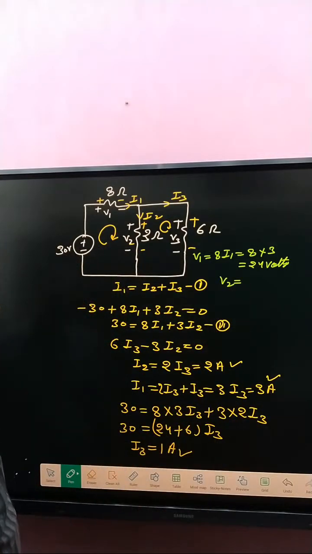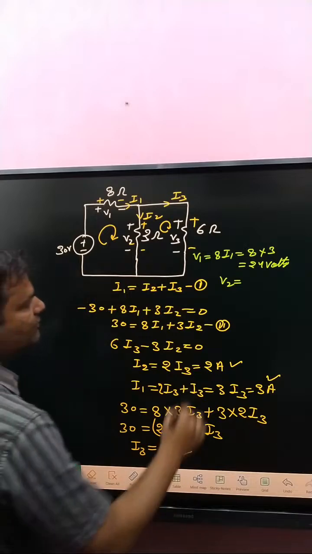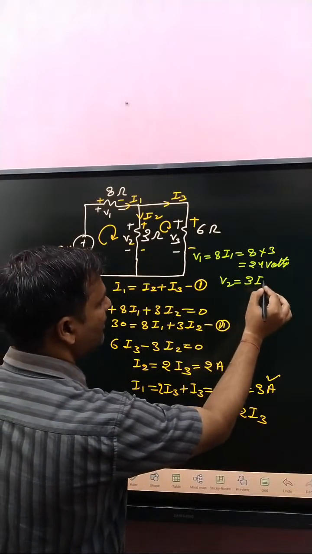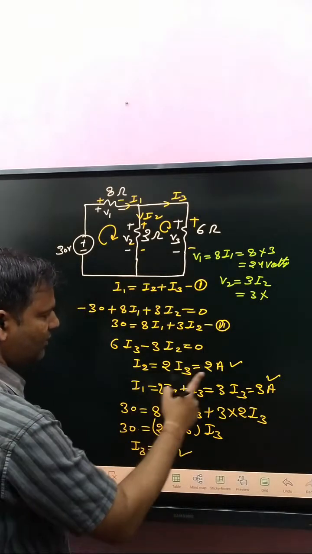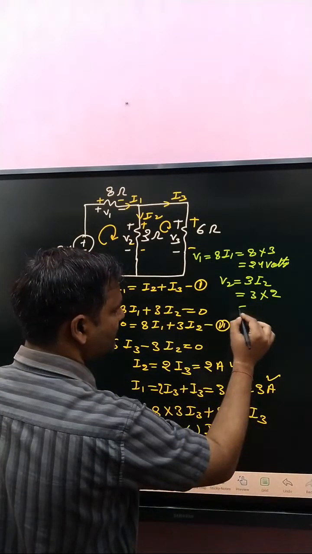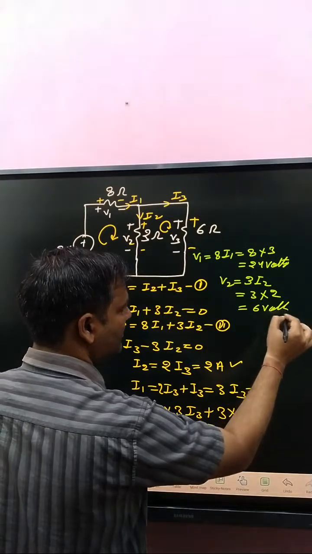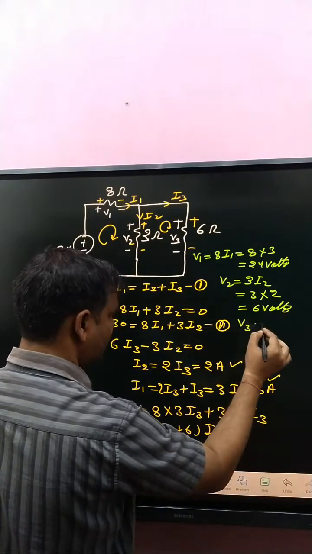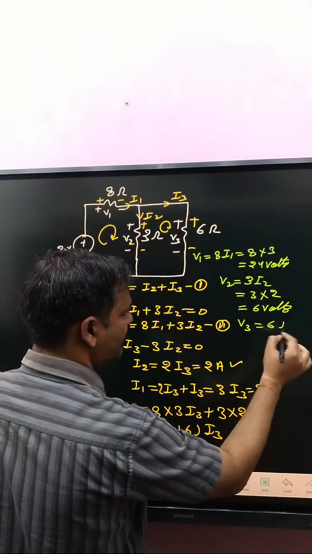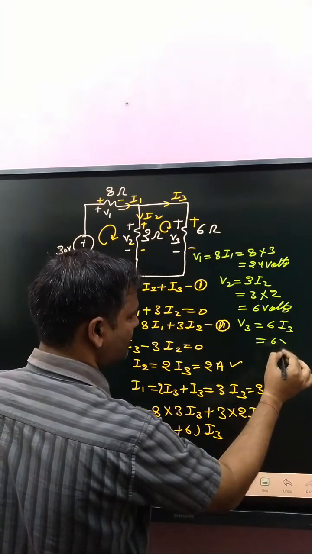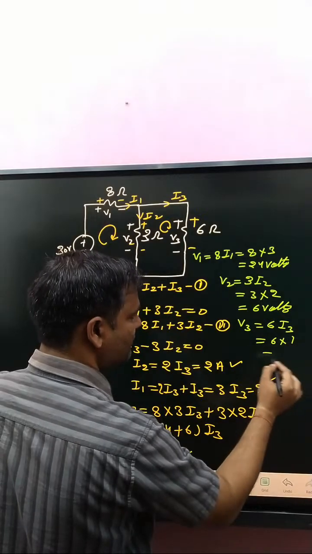V2 is 3 into I2. I2 is how much? 2. So that is 6 volt. And V3 is 6 into I3. I3 is 1, so we get 6 volt.